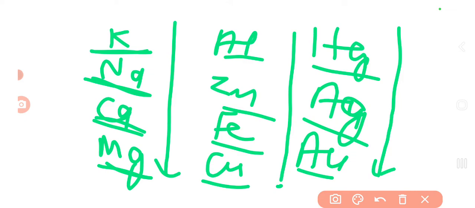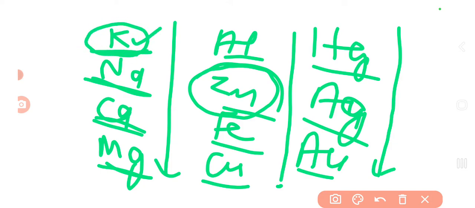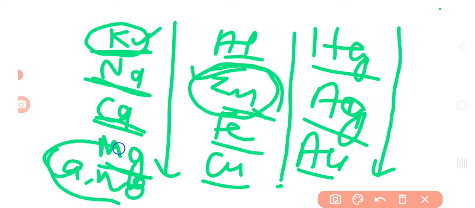Now, my dear students, if a reaction has a compound of Zn and the single element is potassium, potassium can easily remove the zinc from its compound because potassium is more active than zinc. If calcium and magnesium are given, which is more active? Calcium. So calcium can replace the magnesium from its compound.